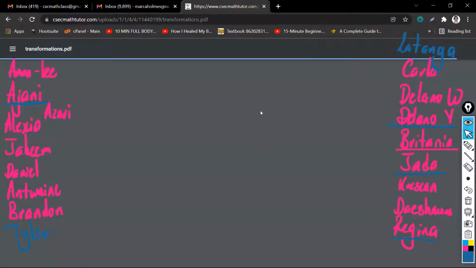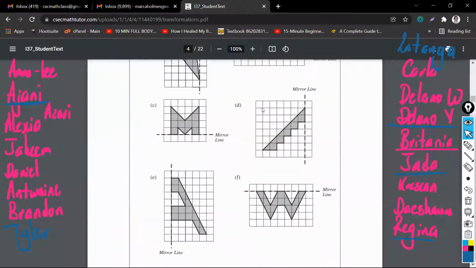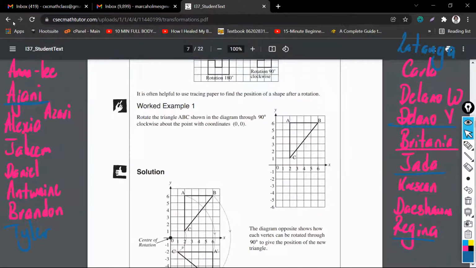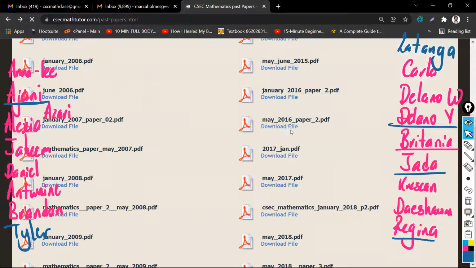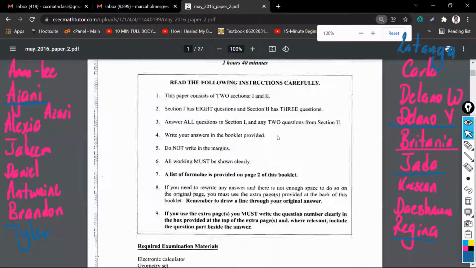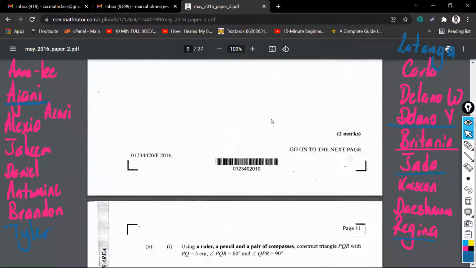Look to see if anything is there. No, well, no, I want an example. May 2016 paper 2, let me try. Sorry guys, just trying to look for a proper example for this. Give me a second, all right.